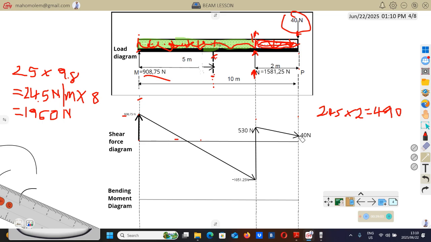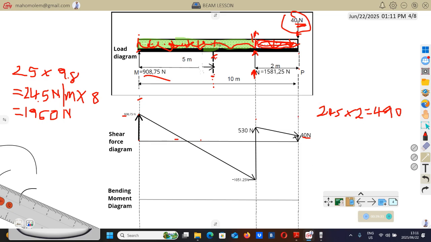So where are we going to stop? To find that point of stopping, we'll say this 40 minus this 40. We say minus because this force now is acting down. Then 40 minus 40 will give you 0. Then you draw that line from 40 to 0. And that is the shear force diagram.